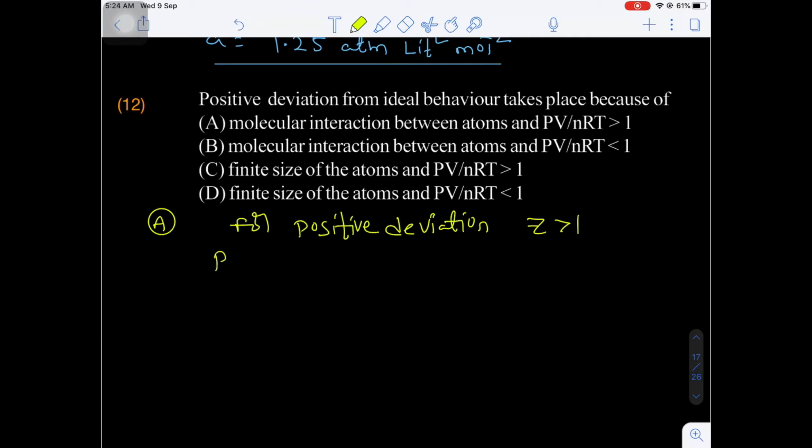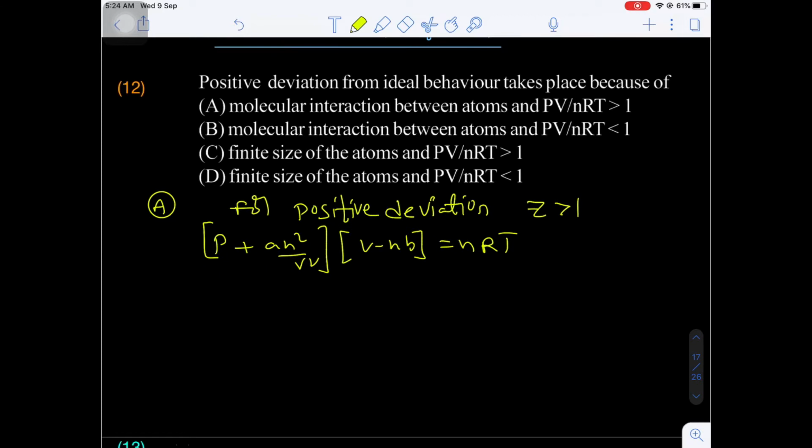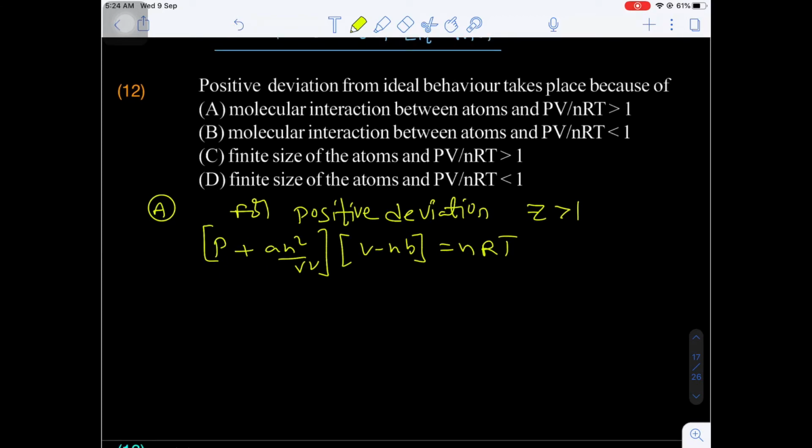Now what is the real gas or van der Waals gas equation? (P plus a n square by V square) into (V minus nb) equal to nRT. Now let's suppose a n square by V square is neglected. Let's assume so, P plus 0 into (V minus nb) equal to nRT.